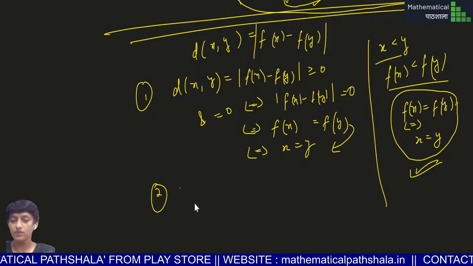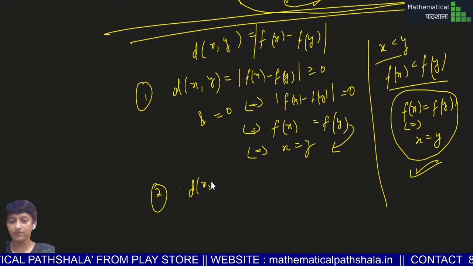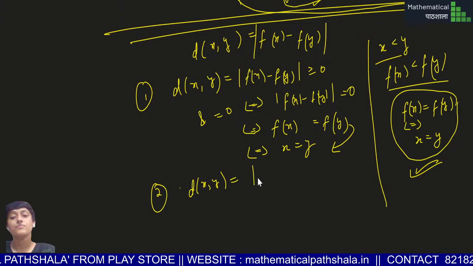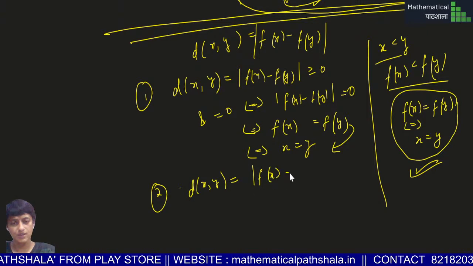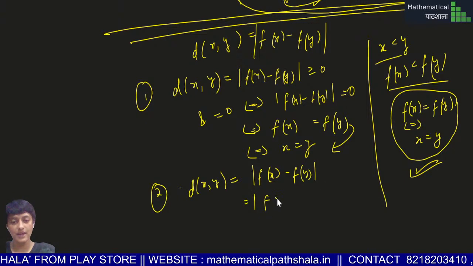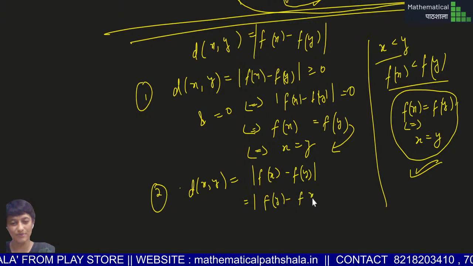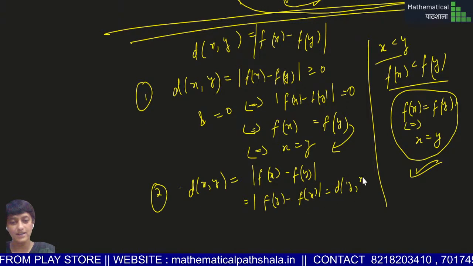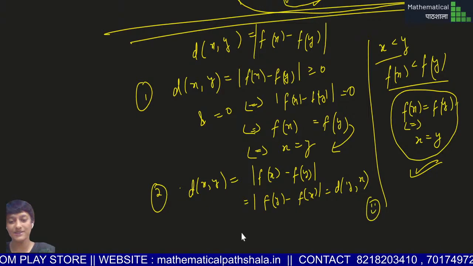So, second is symmetricity. It will be f(x) - f(y), which will be nothing but f(y) - f(x) because of the absolute value function, and it is nothing but d(y,x), and we are again happy.